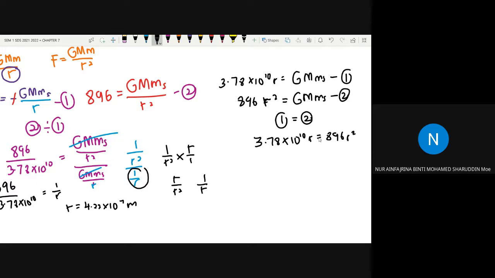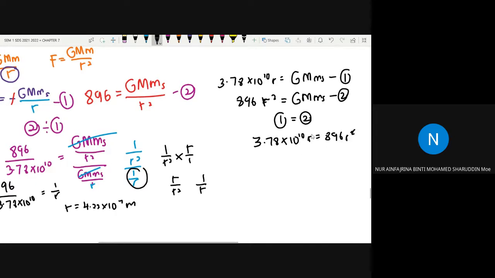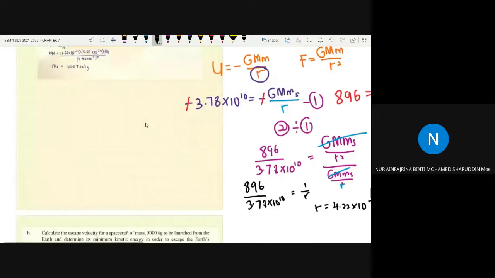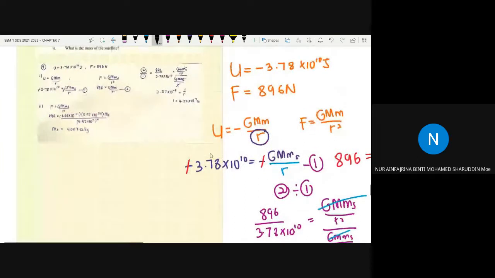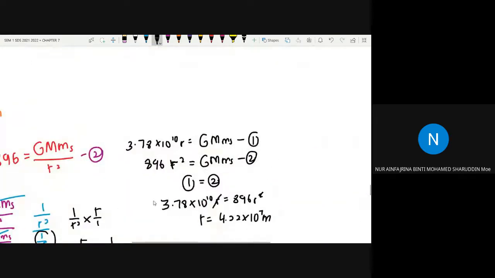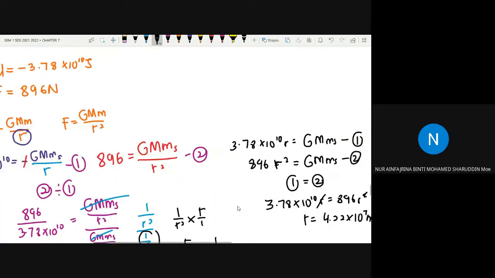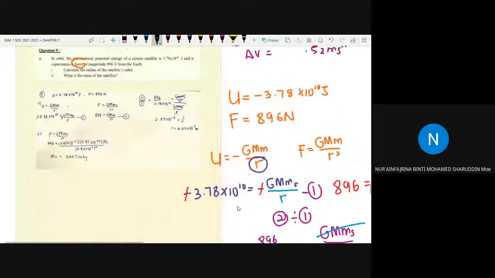Okay, so kita tahu potong satu R and then ini normal R. Dan R awak akan equals to 4.22 times 10 to the power of 7 meter. So ini adalah matematik. It's up to you. Sebab Miss tunjuk ni jalan yang susah kan. So you better use this way also kan. Okay, boleh? Guys, okay ke? Okay.